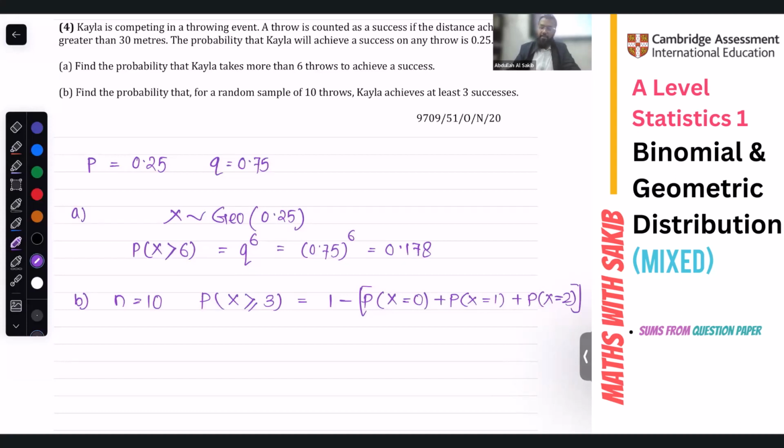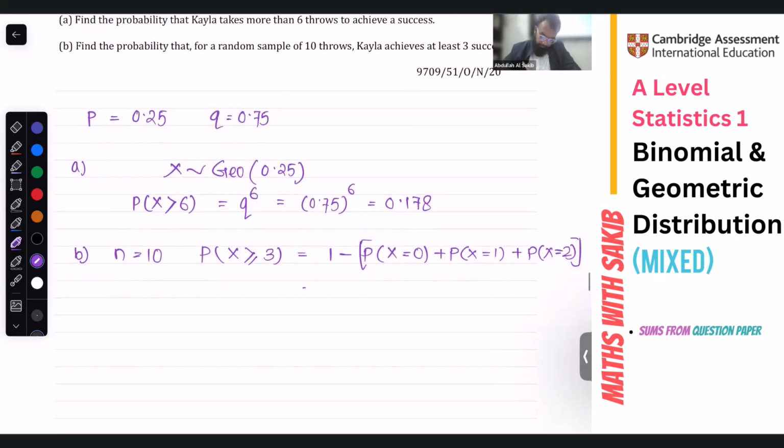So Faizan, kindly share your answer. Okay, so out of 10 throws, there was 0 success. So that is 0.75 to the power 10.